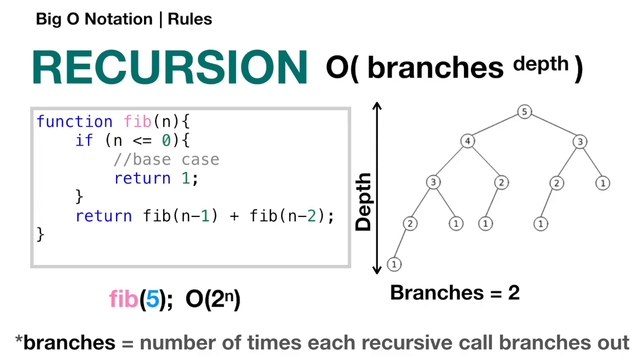We already know from our function that there are two branches getting created on each recursive call. When we send the number 5 as the input, we can see that the complexity of the algorithm is big O of 2 to the power of 5. It shows that the runtime of a recursive function is usually, but not always, equal to big O of branches to the power of depth.